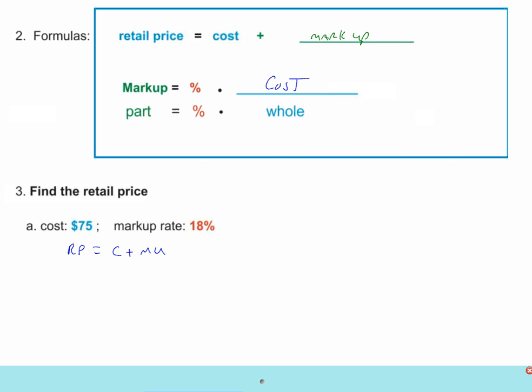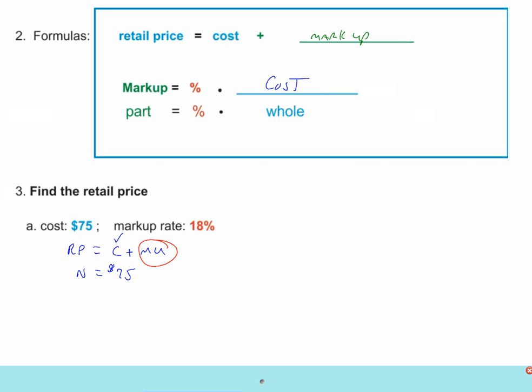Then you begin to look and see what you have. It gave us the cost, but that's it. The retail price is what we're looking for, so we know this is going to be the variable. I'm going to put the n there. It gave us the cost. That's $75. But what we don't know is the markup.